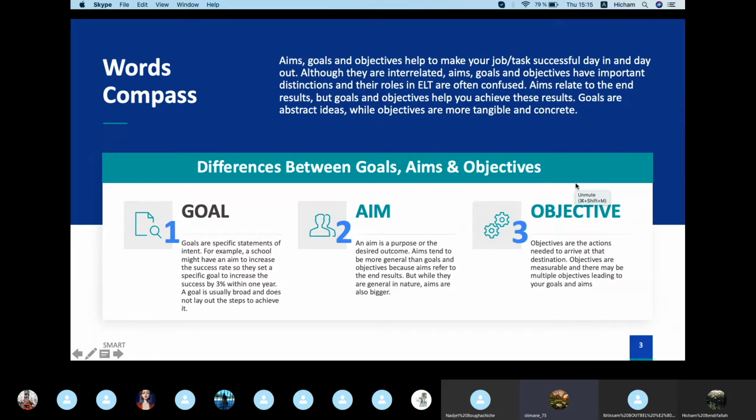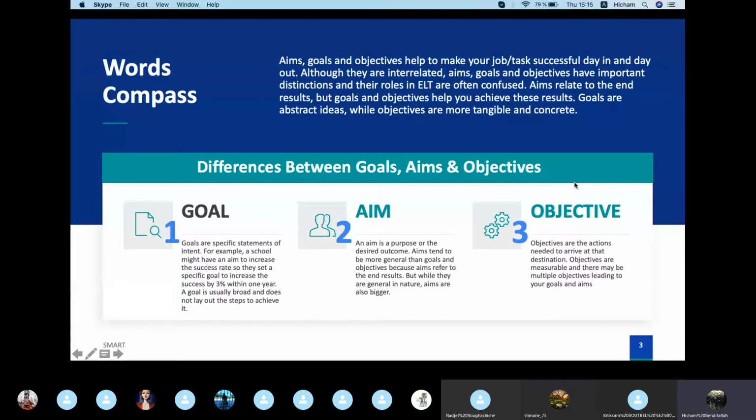But the aim is why do I want to increase it? For example, to improve the ranking in the district. Let's say my score is ranked 15 in the wilaya. I will improve it to be ranked among the top 5. I think this is it.